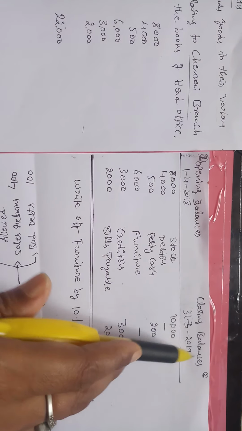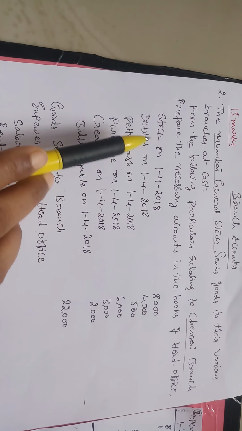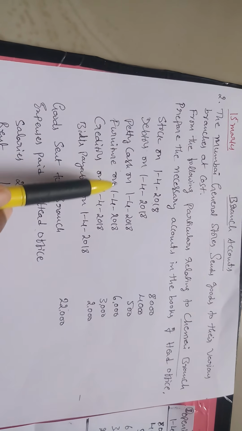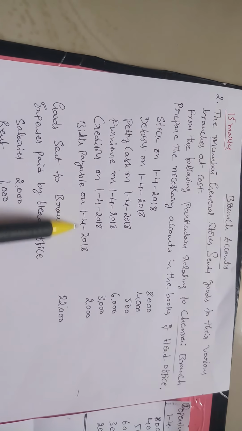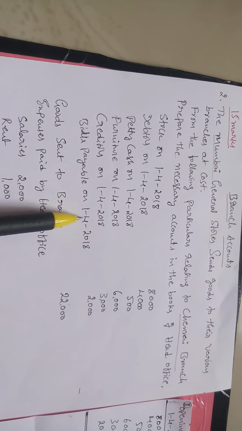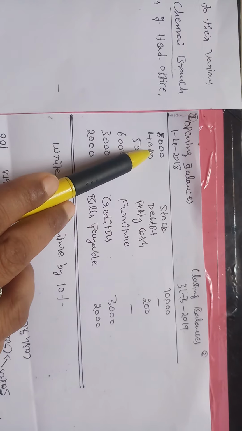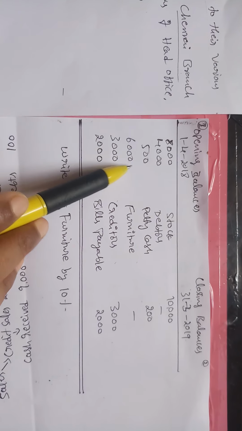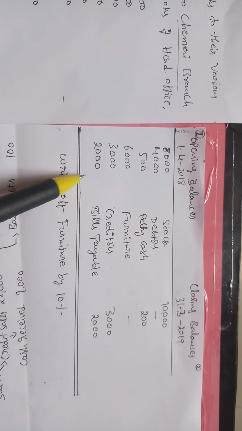So I wrote here, for example, opening stock, opening debtors, petty cash, furniture, creditors, and bills payable. These are the openings, right? So these are the opening balances.